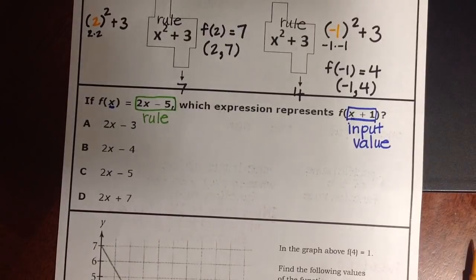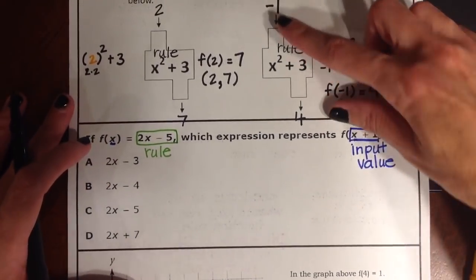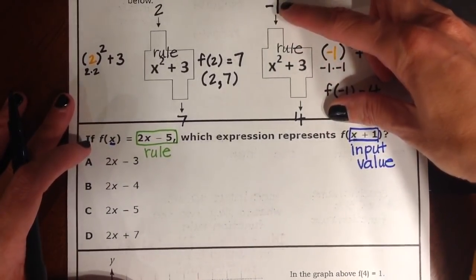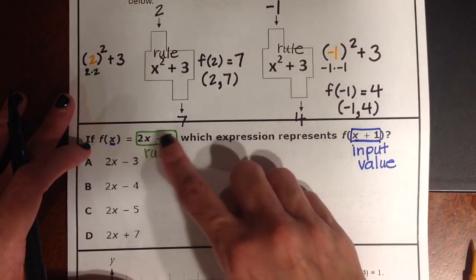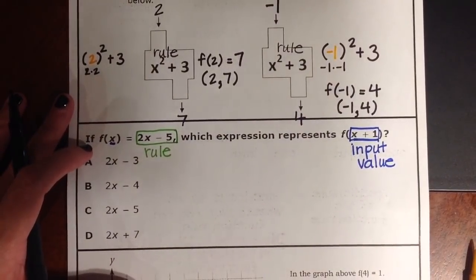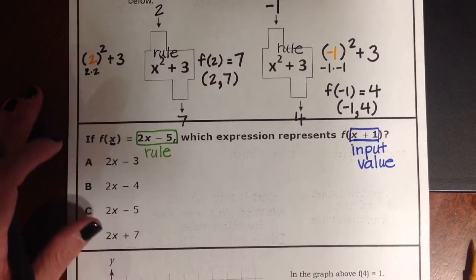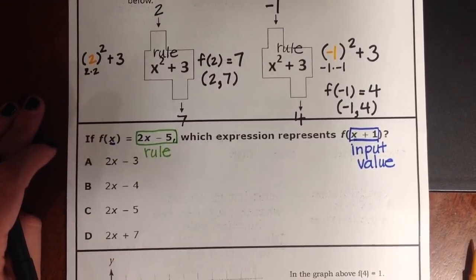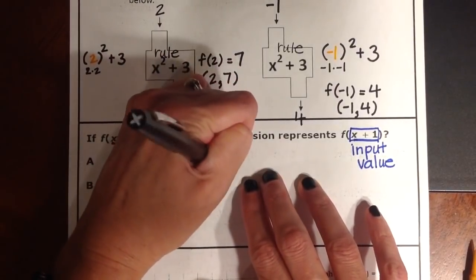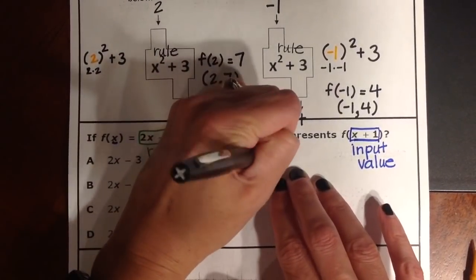So just like before, when our input values were numbers only, we are going to rewrite our function rule using empty parentheses. I am not changing my process so that I'm being consistent on how I calculate and determine these function values every time. So I'm going to say 2, I have an x minus 5.